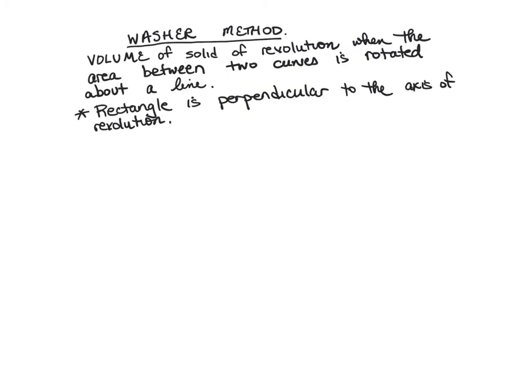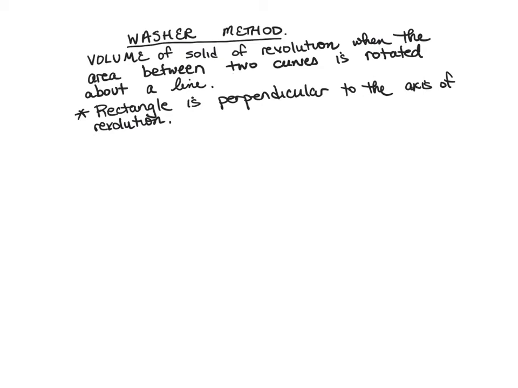So the washer method is a general case of the disk method. And here we get a solid when the area between two curves is rotated about a vertical or horizontal line. But as with the disk method, the rectangle must be perpendicular to the axis of revolution.